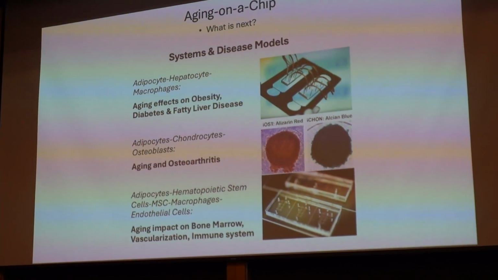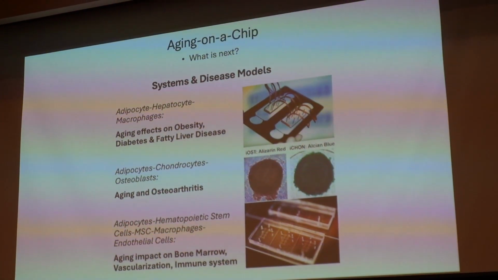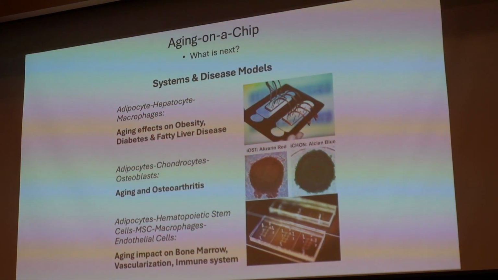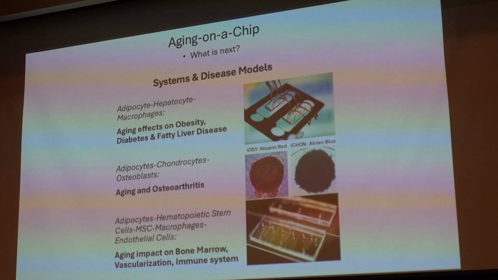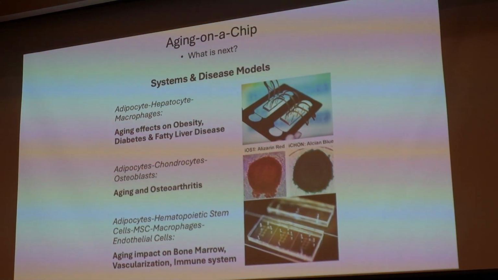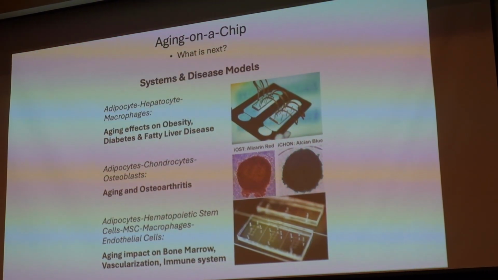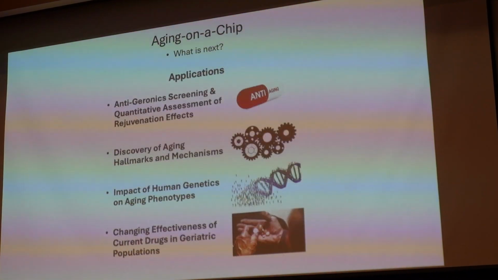And we have a bone marrow chip, really exciting, that's running now, where you can look at the shifts in the immune system that we heard about earlier. For example, what are the differentiation outcomes of hematopoietic stem cells? All of this is iPS-driven, and all of this is able to genetically manipulate the cells.